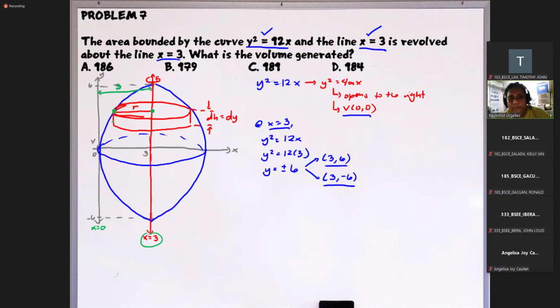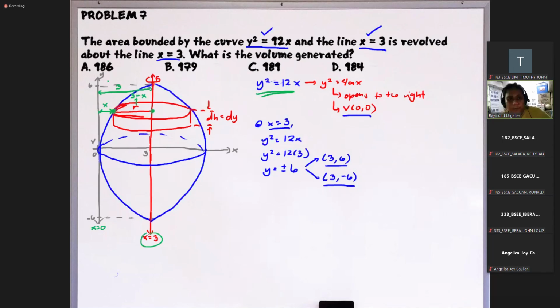By the definition of our coordinates, the distance from the y-axis to the point on our parabola is given by x, which we can get from this equation. Therefore, the radius is equal to 3 minus x.